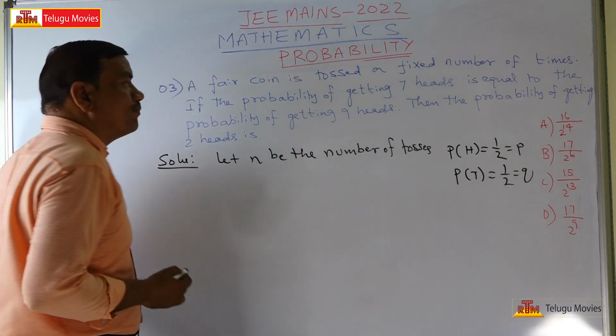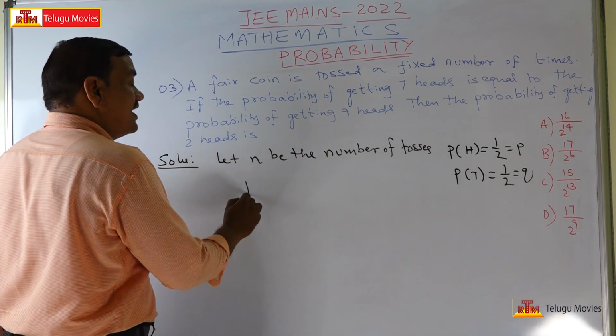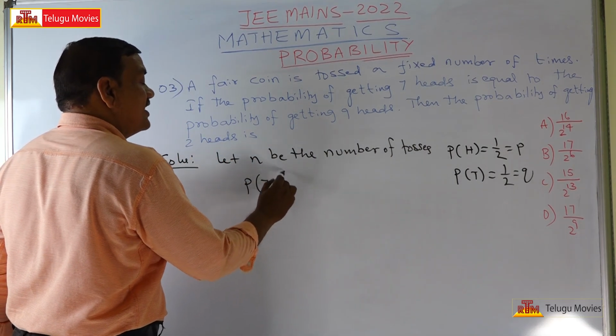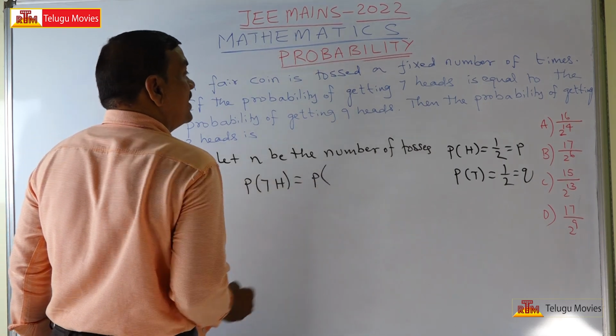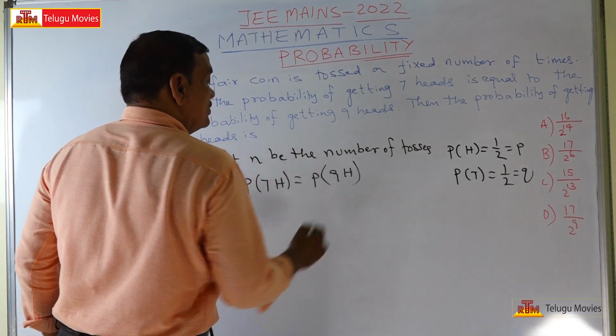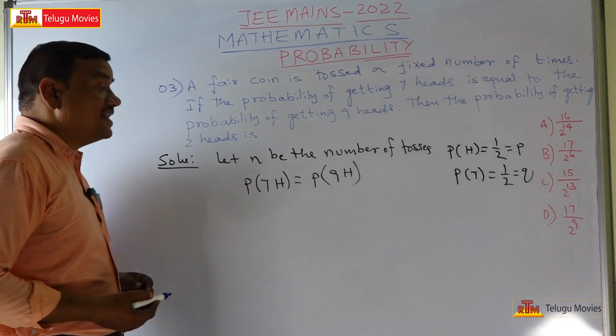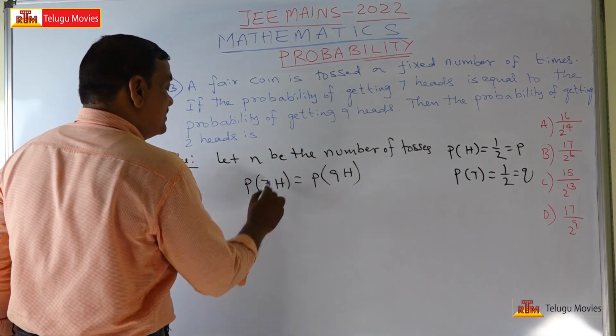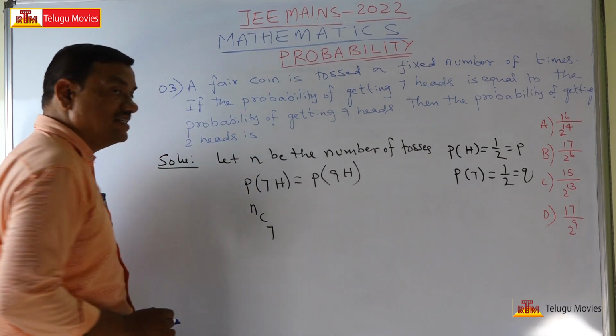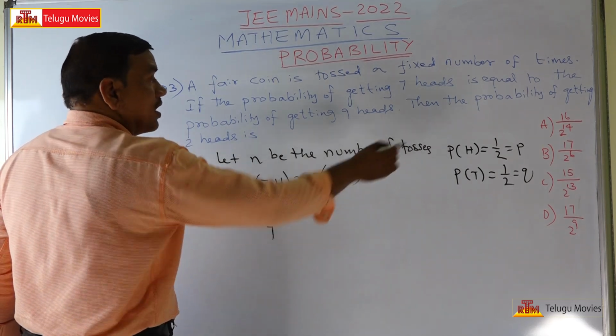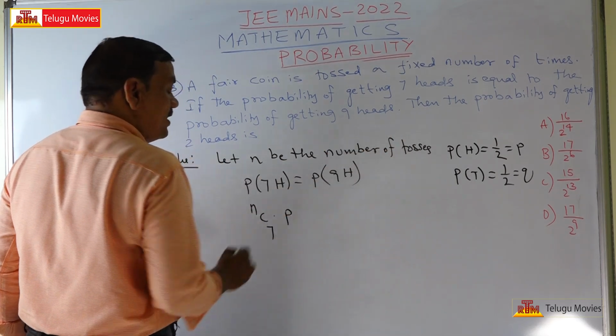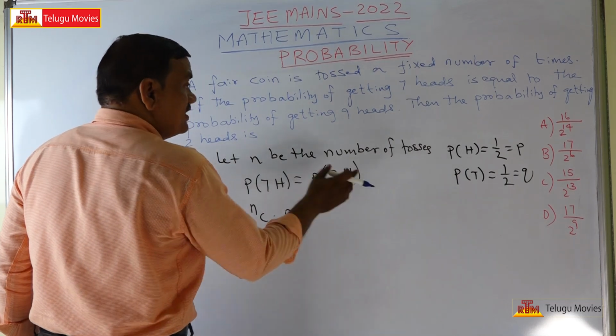Here, what is given? The probability of getting 7 heads is equal to the probability of getting 9 heads. This is given by the formula nCr. n we don't know. For 7 successes, that is nC7 into p to the power 7, where p is 1 by 2.